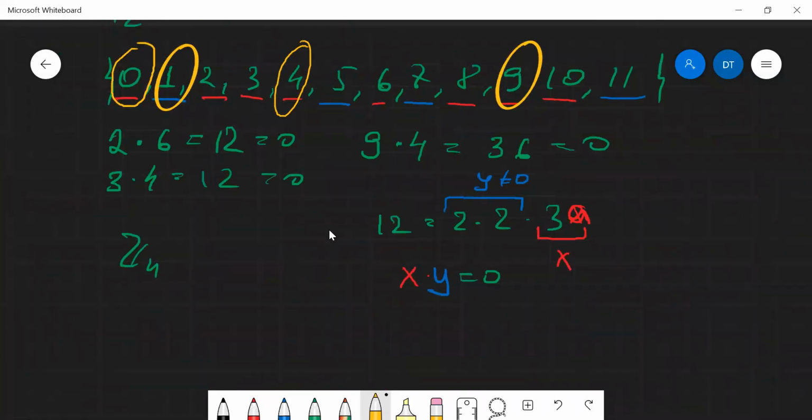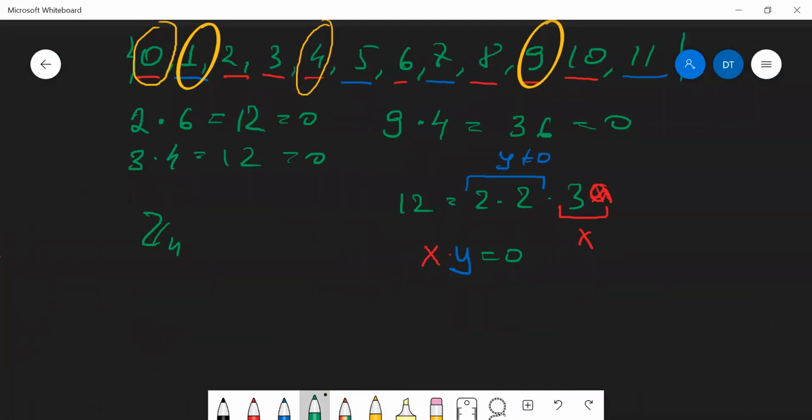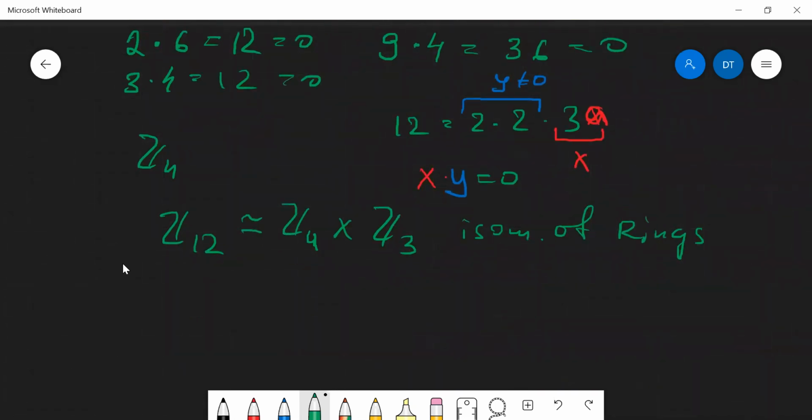How to search for them. Z12 is isomorphic to Z4 times Z3, and this is an isomorphism of rings. If you take an element A, it goes to the pair A modulo 4, A modulo 3. This is how this isomorphism works.